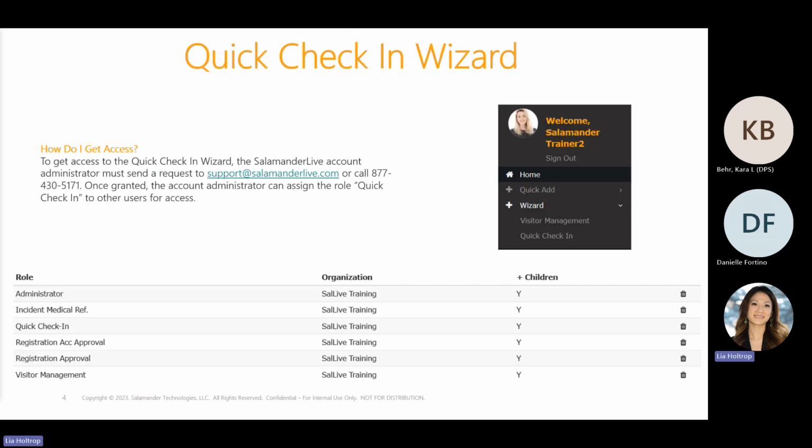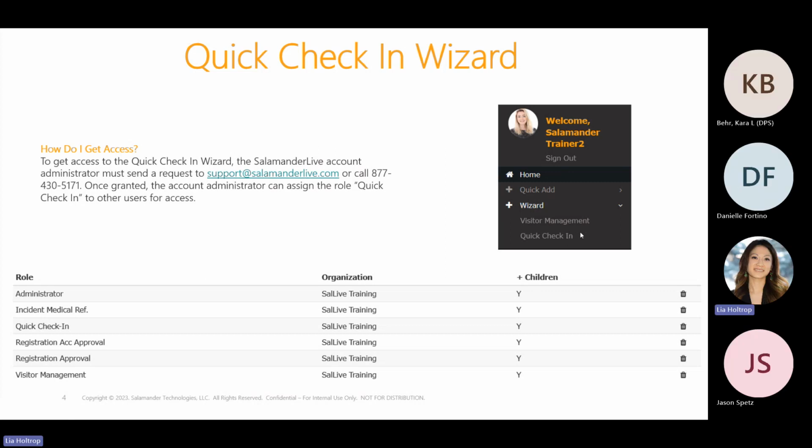So how do you get access to this tool? Unlike the visitor management wizard, the quick check-in wizard is not going to appear in the wizard dropdown in Salamander Live. When you log into Salamander Live, you'll see the third option is the wizard. The visitor management wizard actually lists there even if you don't have access to it, but the quick check-in does not.